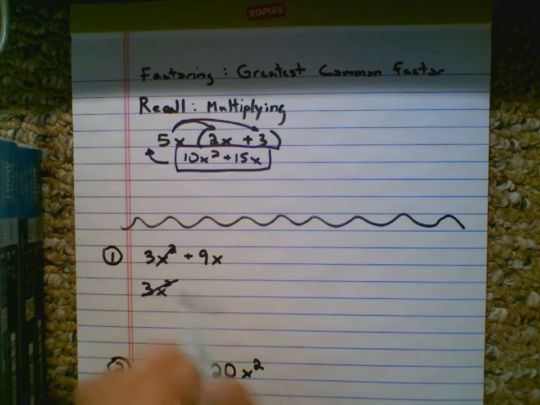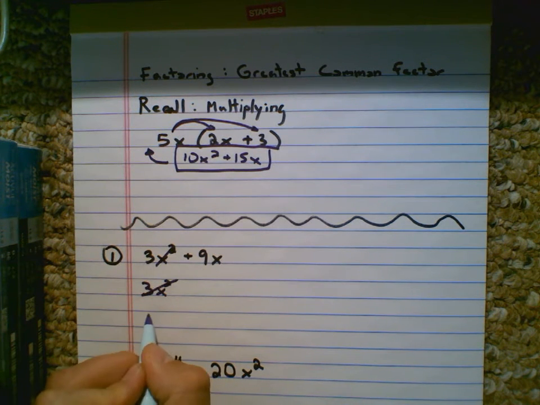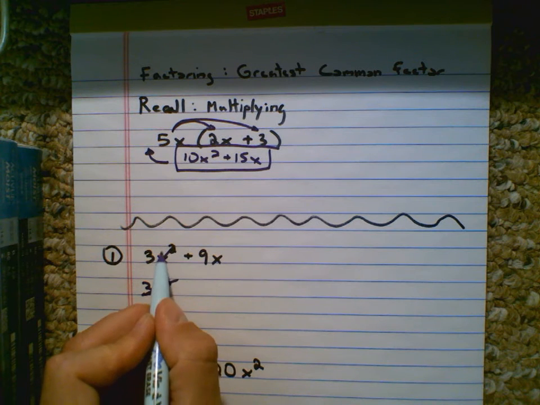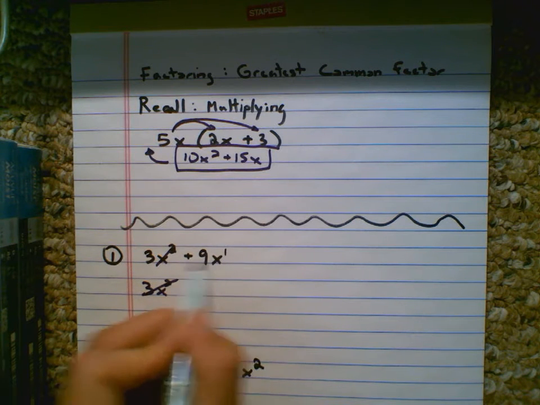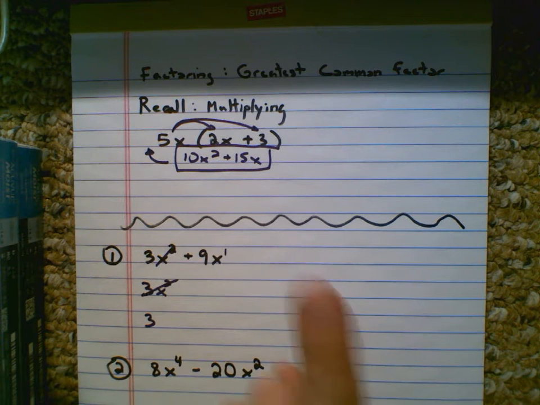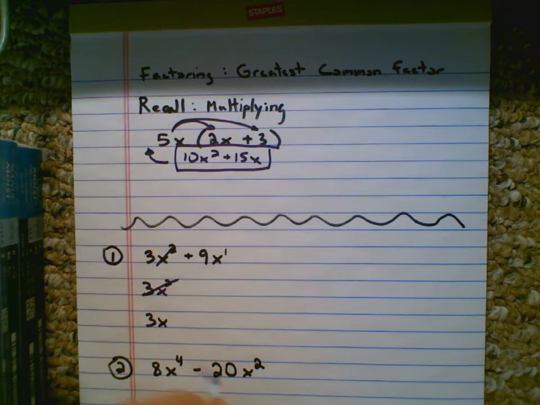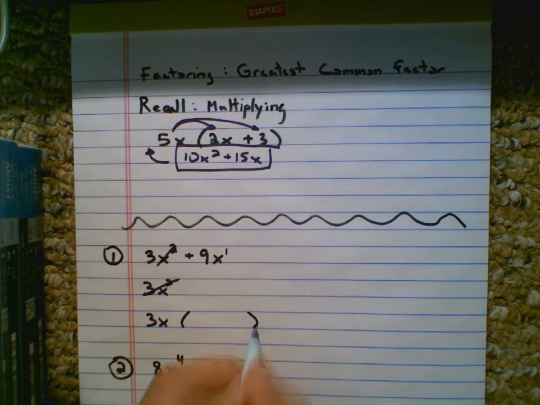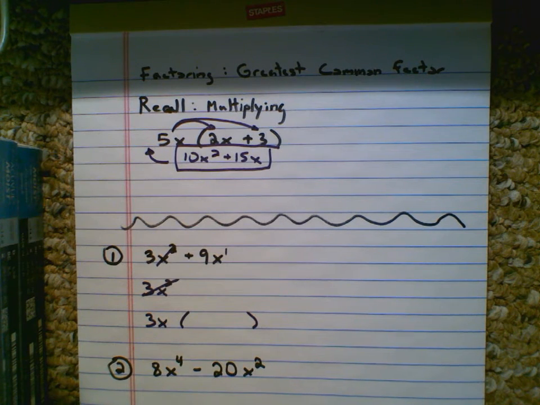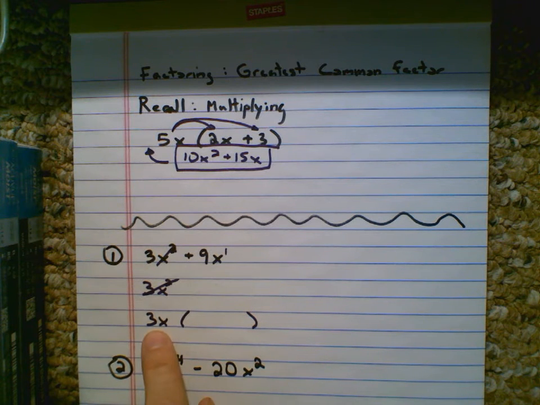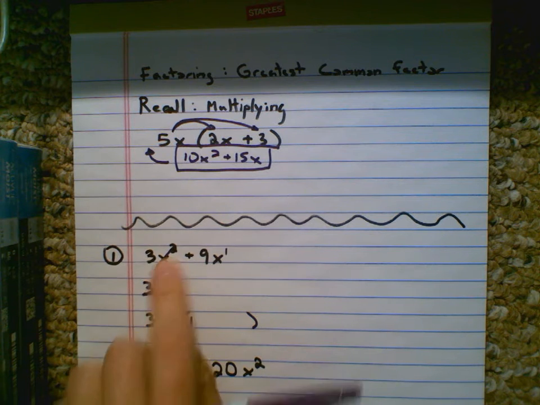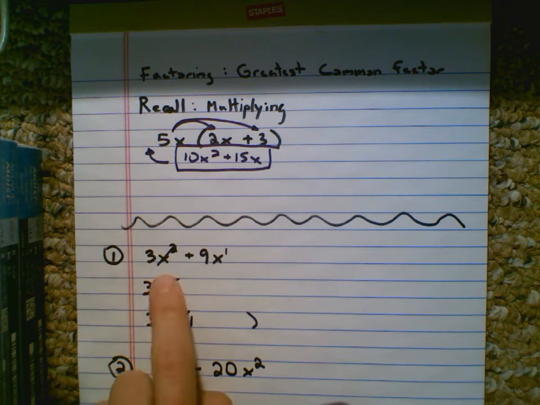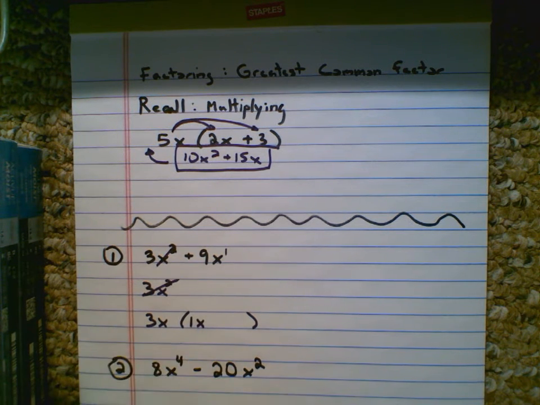Okay, so when I do this, I take out the greatest number, which is 3, and then I look for the amount of x's that I can take out of both. Well, they each have at least 1 x. This has x to the first, this one has 2, so they both have at least 1. So I pull 1 x out. Then inside the parentheses, I leave what's left over when I divide this out. Well, 3 divided by 3 is 1. If I take x squared and I divide by an x, or I pull an x off, I'm left with just 1x.